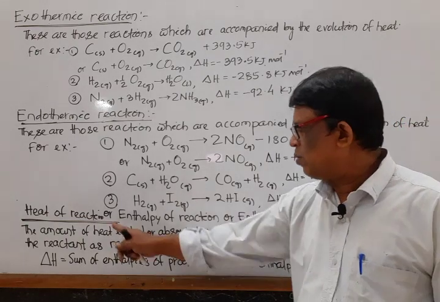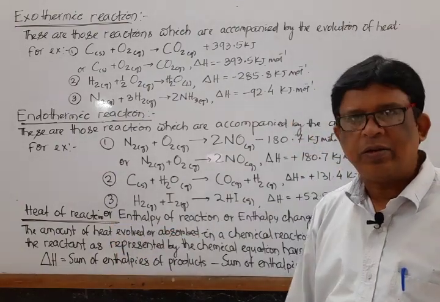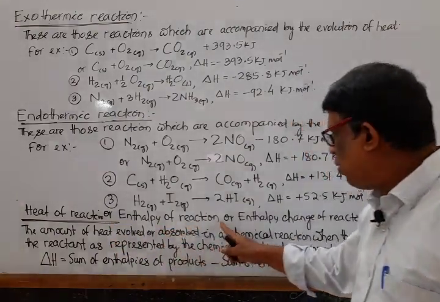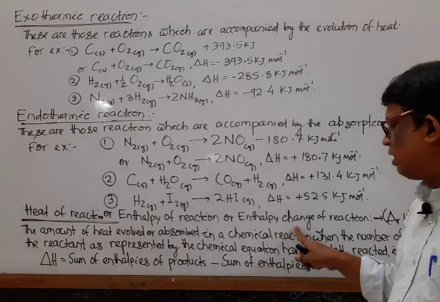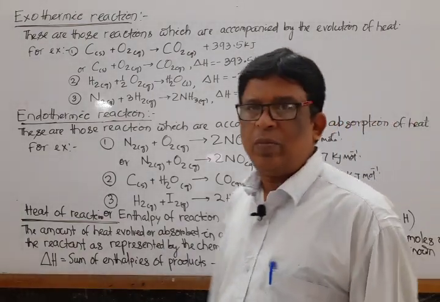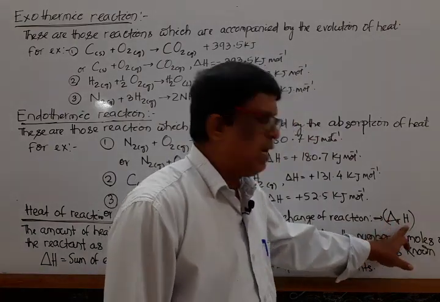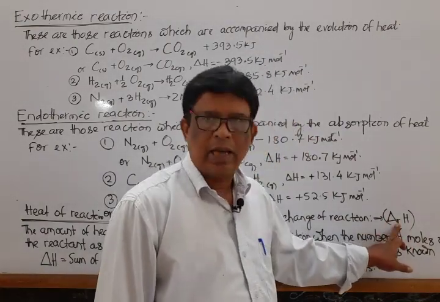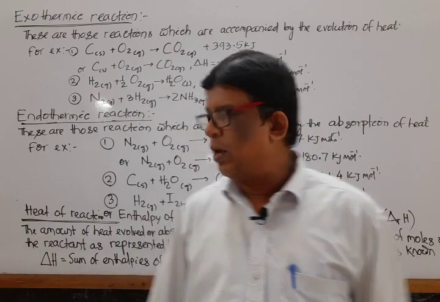Okay. Next one is heat of reaction or enthalpy of reaction or enthalpy change of a reaction, represented by the symbol del rH. R means reaction. So what is the definition?